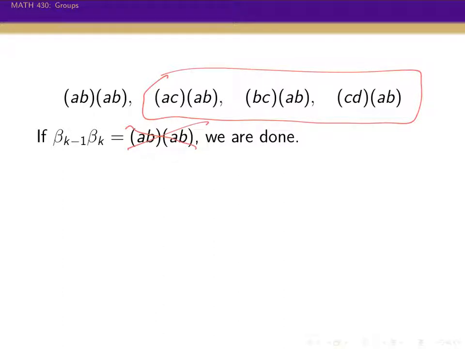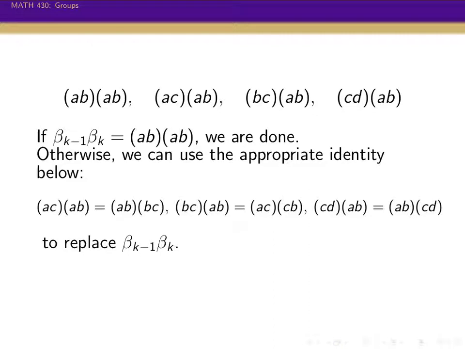So if we're in any of these other 3 cases, this is what we're going to do. For each of these cases, whichever one we start off with, we're going to use an equivalent product. And you can go through and double check that each of these identities is true.